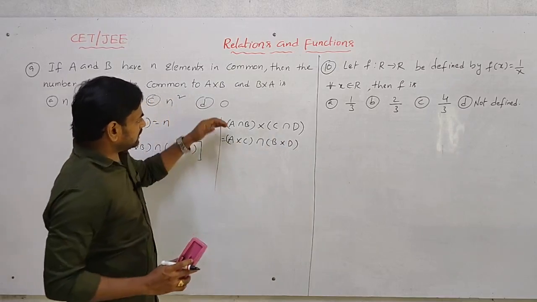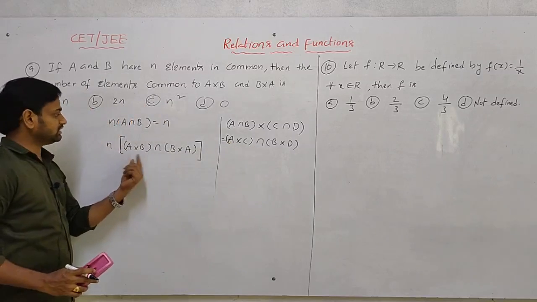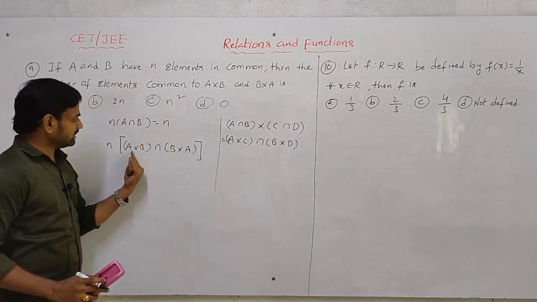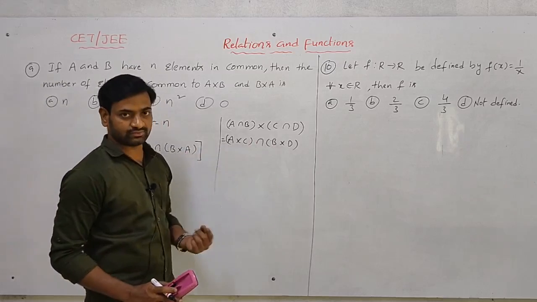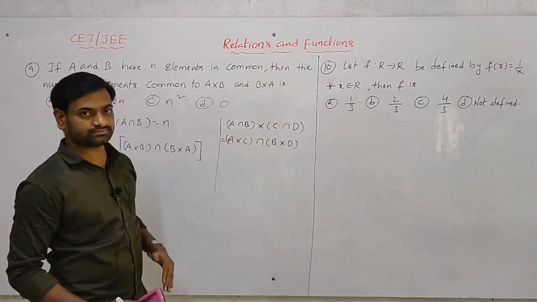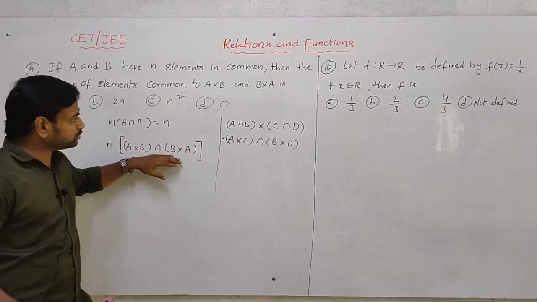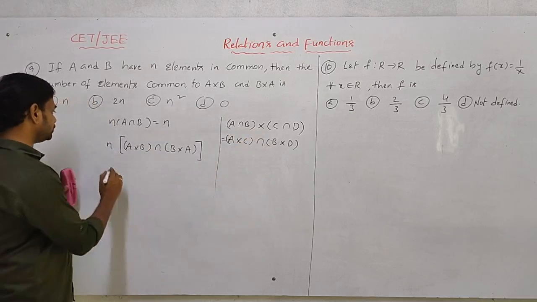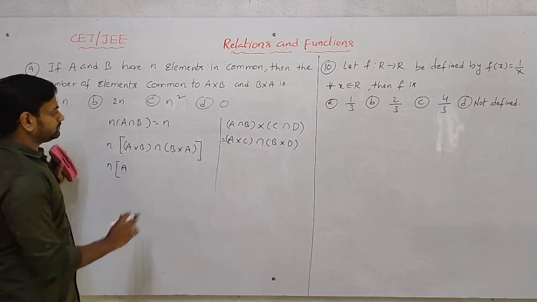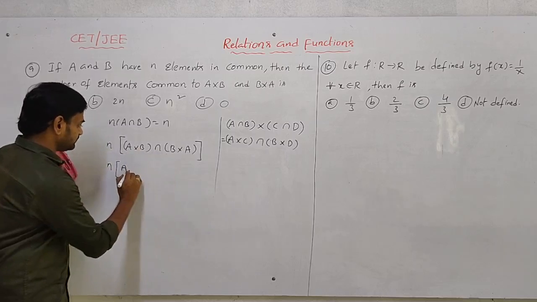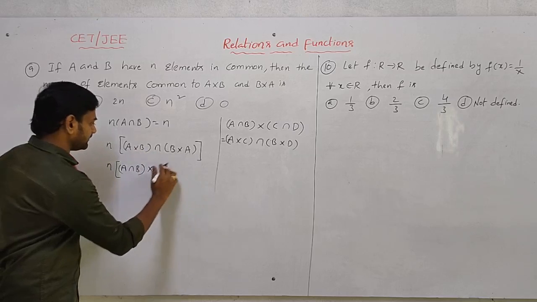So here it is given like this: (A cross C) intersection (B cross D). Now how to change it this way? This one and this one are similar, so I want to write it this way. That is n of (A intersection B) cross (B intersection A).